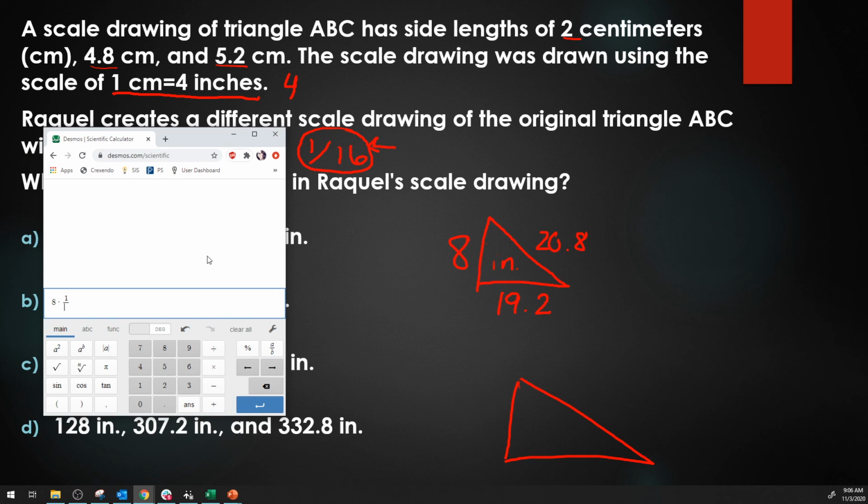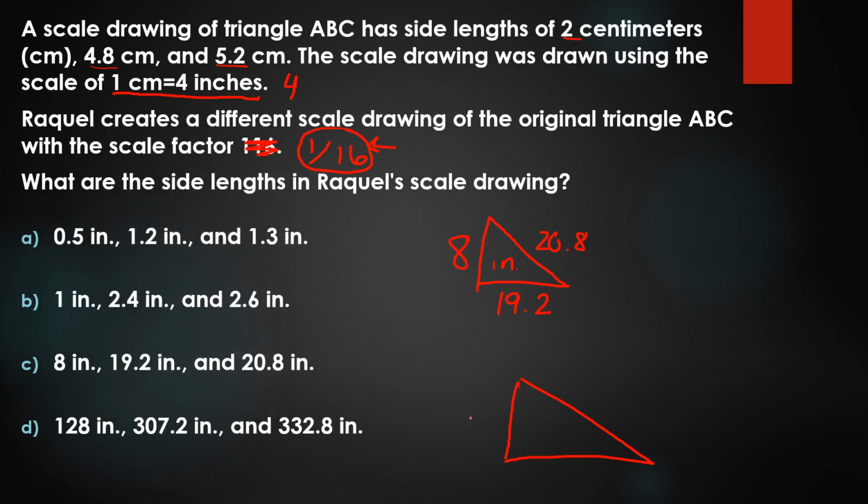And I'm just going to type all these in. 20.8 times, oops, not divided by, times 1 over 16. And 19.2 times 1 over 16. So I get side lengths 0.5, 1.3, and 1.2.